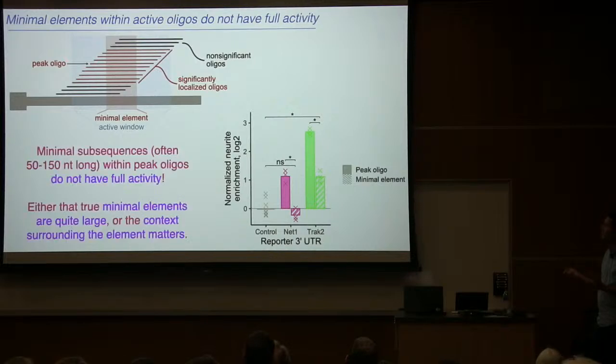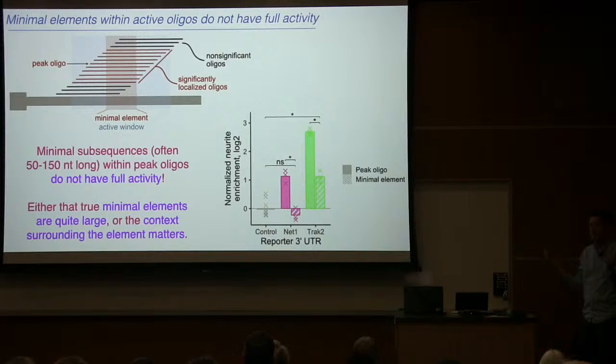What this means is that we've got an oligo that's 260 nucleotides long that is active. We can take a subsequence of that, this minimal element, that is, depending on the element, between 50 and 150 nucleotides long. That doesn't work. So the minimal size of these RNA elements is somewhere between 150 and 260.